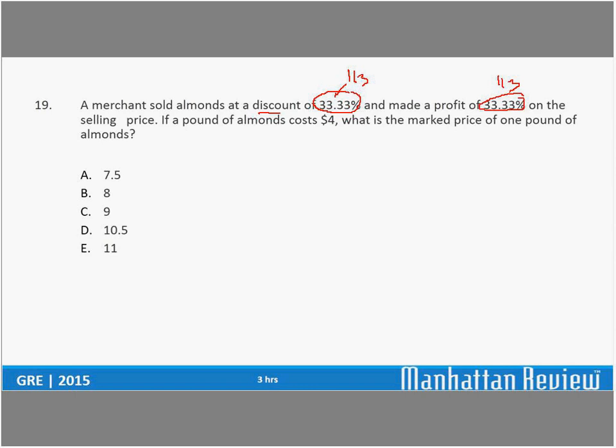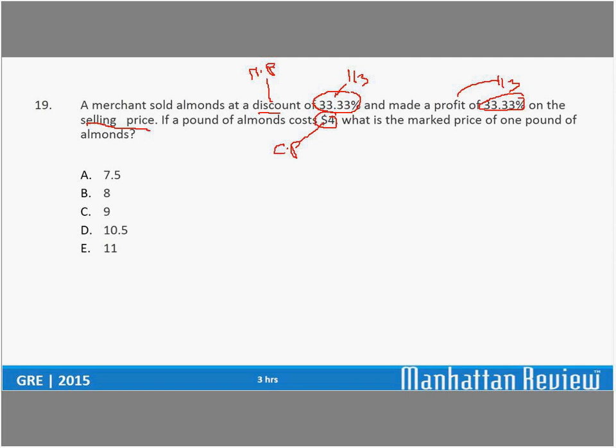When I said, discount is always given on market price, right? He made a profit of 1/3 on what? On selling price, he said. If the almonds cost $4, when it is cost, this is nothing but the cost price.